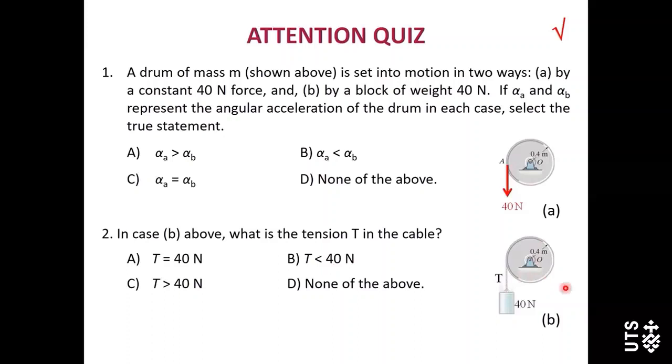In case B, here there is a block. So if we release, this block will be going down and it will drive the drum to rotate.